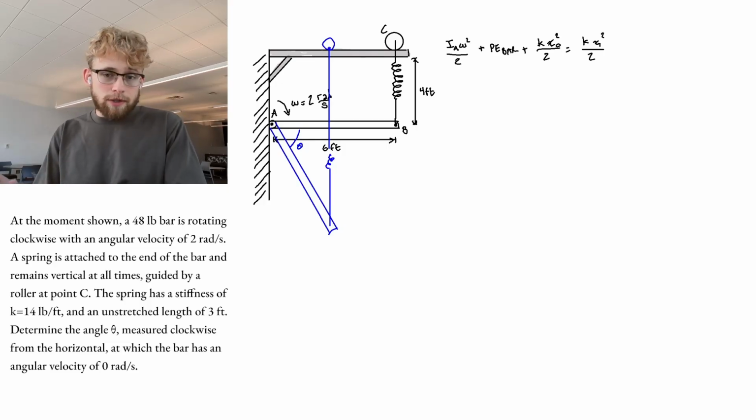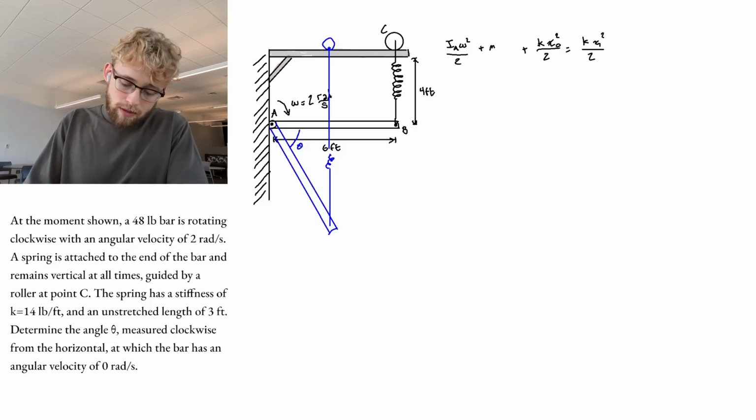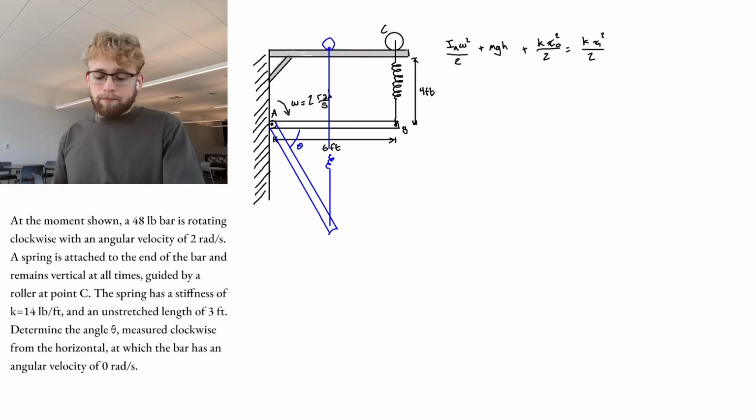The potential energy of the bar is just going to be mgh. Okay, now what is h?